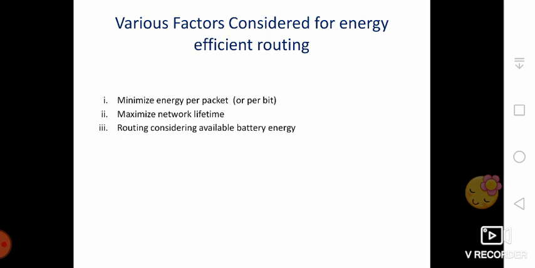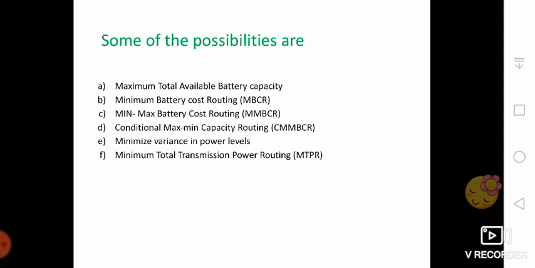So it stands to reason to use information about battery status in routing decisions. Some of the possibilities are maximum total available battery capacity. In this, choose that route where the sum of the available battery capacity is maximized without taking needless detours.